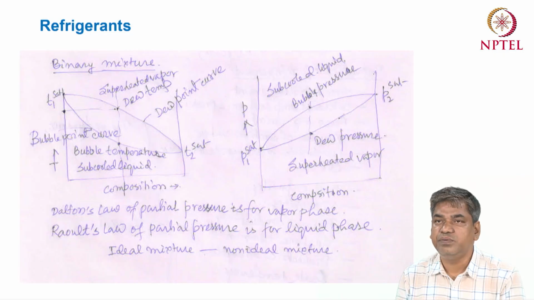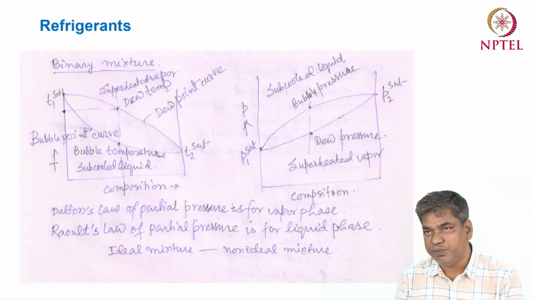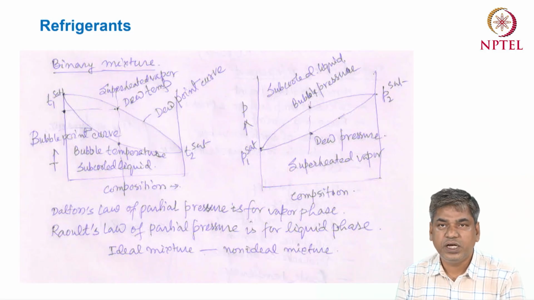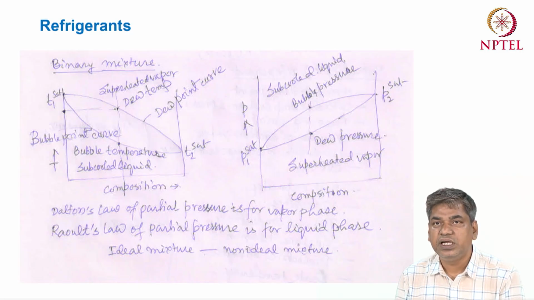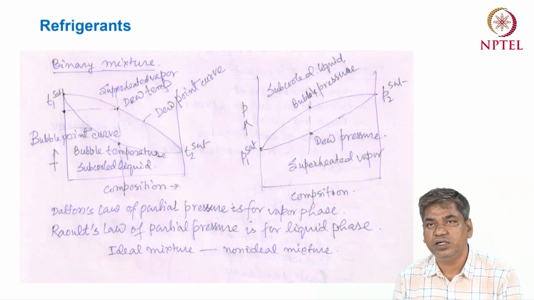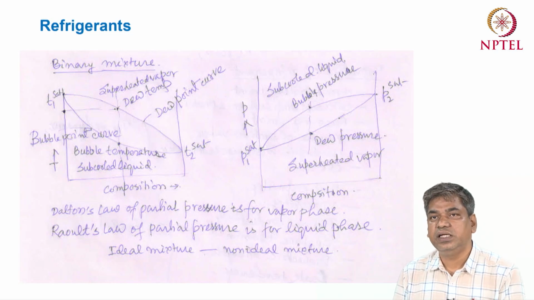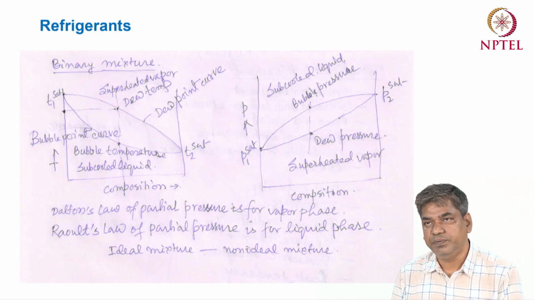The upper portion above the bubble point pressure line is called the subcooled liquid, and the lower side of the dew point pressure line is called the superheated vapor. Similarly, in the first figure, the lower side of the bubble point temperature line is the subcooled liquid, and above the dew point curve is the superheated vapor.